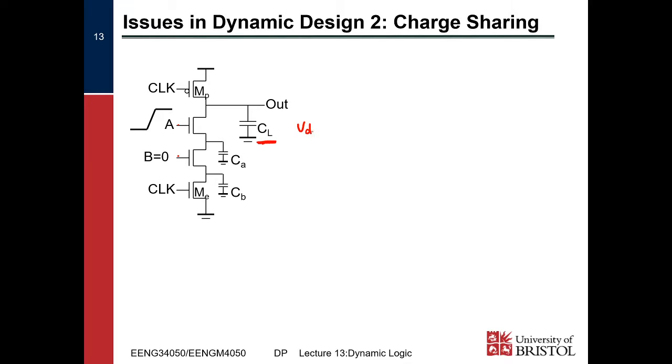to VDD, right? Then our clock goes high, meaning this one turns off. Our clock goes high, meaning this one turns on. And our A goes high, meaning this one turns on. This one is still off, by the way.